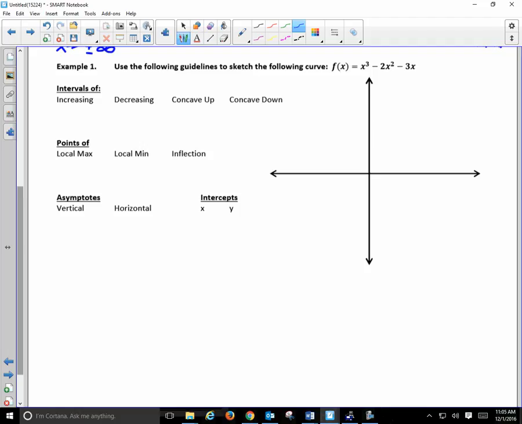So let's go. I would like to start at the intercepts. I'm going to find the y-intercept. The y-intercept occurs when x is what? If we put 0 in for x, we get 0 for y. Now for the x-intercepts, I have to set the function equal to 0, or 0 is equal to x to the third minus 2x squared minus 3x.